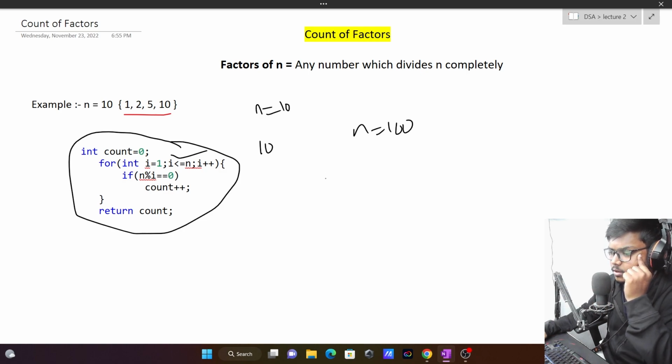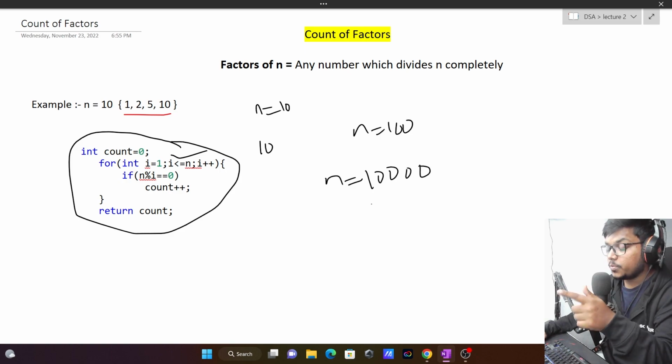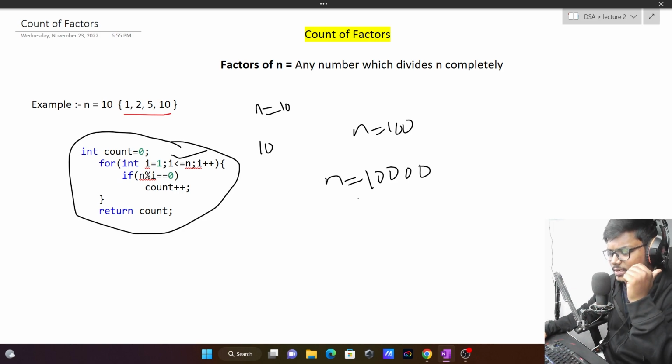Now for example, some given number is like 10,000. Now the whole program will run 10,000 iterations, right? 10,000 number of times. So is it an optimal solution?